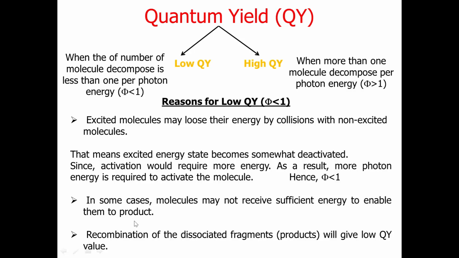When they combine together, more energy will be required. In such a case the corresponding quantum yield value should be less than 1, because externally we have provided the energy, or alternatively we can say in the excited state we have to provide some photon energy. So in such a condition the low quantum yield value can be observed.